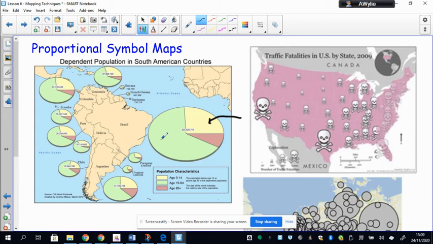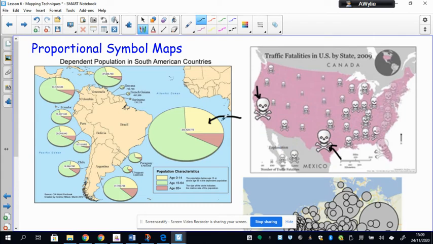So it allows for relatively easy comparison. Another positive aspect is most of the time, assuming your symbols aren't too big, you can actually place them on the actual location where the data came from. So we can see that the data here for California is placed in California. Likewise, the data for Texas is placed in Texas.